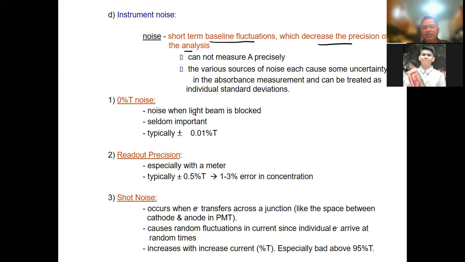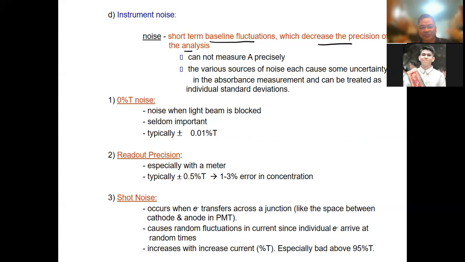And when you have this noise, usually you cannot measure the absorbance precisely. So I think this is one reason why, when you turn on the instrument, do you read it right away? Usually you warm it for at least 10 minutes, because you want to make sure that you lessen the noise.